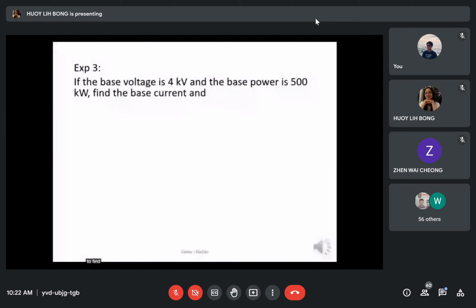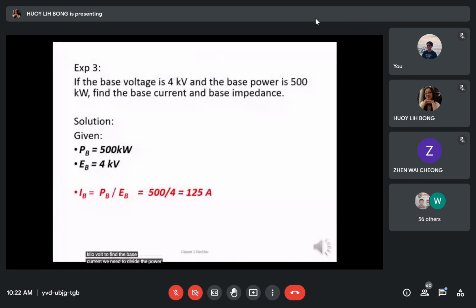We are given the base power 500 kilowatt and base voltage 4 kilovolt. To find the base current, we need to divide the power over voltage, which is 500 over 4. We get 125 amp.